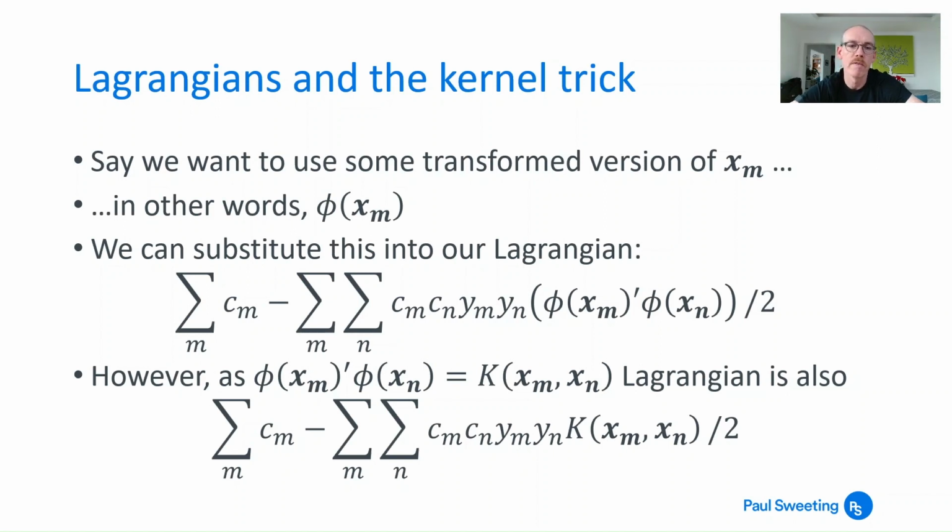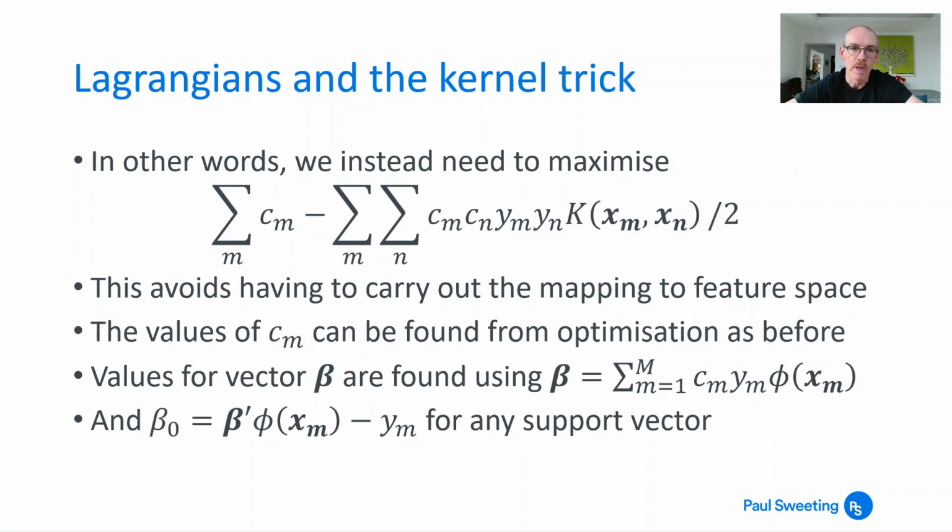But we know that phi of xm transpose phi of xn is equal to k(xm, xn), in which case you can just stick that straight into the Lagrangian as well. In other words, what you need to maximize is this function here, which doesn't refer to that transformed data at all. It just refers to the kernel that you are using, which means you can avoid having to carry out the mapping into feature space. And the values of cm can be found from the optimization as before.